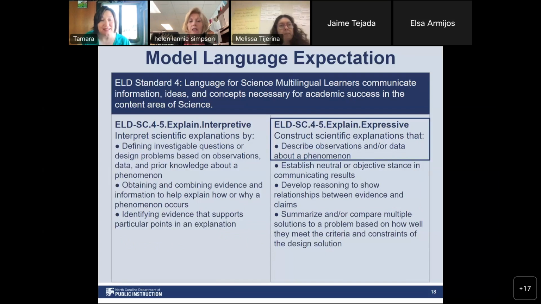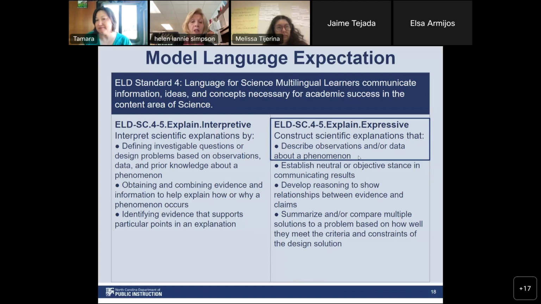If you'll notice this particular language expectation that we have boxed, and Tamara has already shared that it's the content area of science. Look there, grade band 4 through 5, and then one of the 4 key language uses: explain. And then this particular one that we have boxed is expressive. So we're going to expect students to construct scientific explanations that describe observations and/or data about a phenomenon.